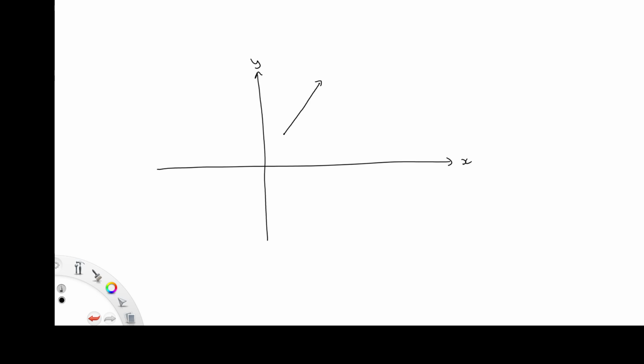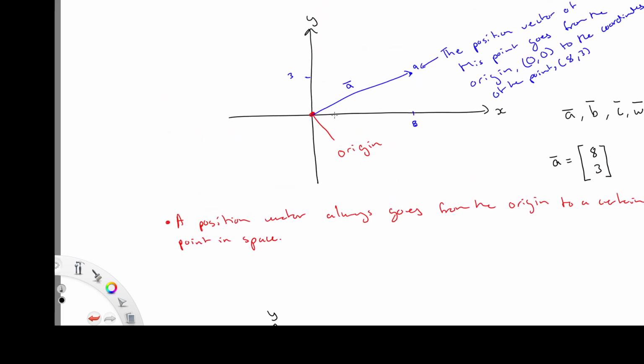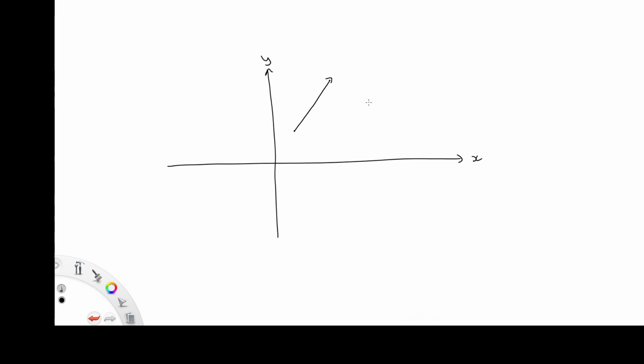In this case, a direction vector describes the direction that a vector is facing. Before, with the position vector, it was pinned to the origin. In the direction vector, it's not pinned to the origin.